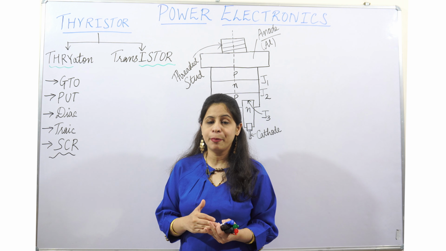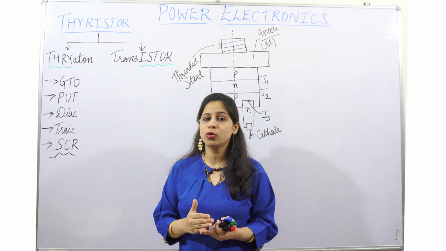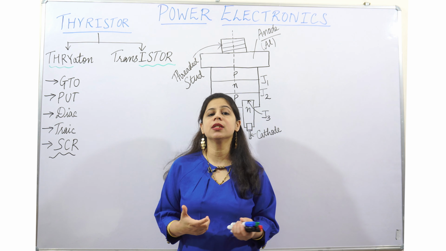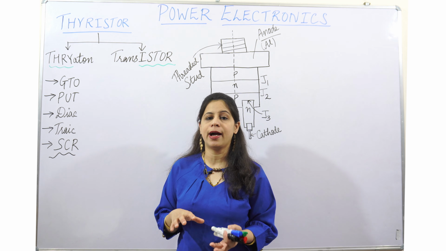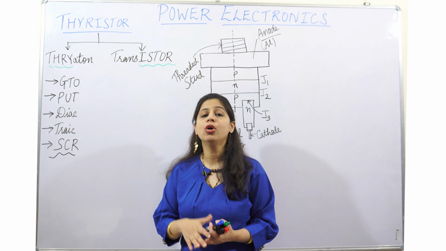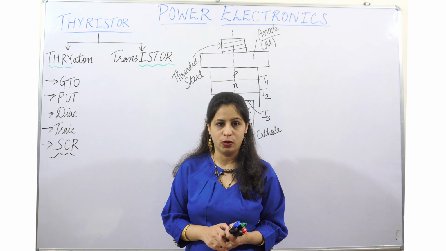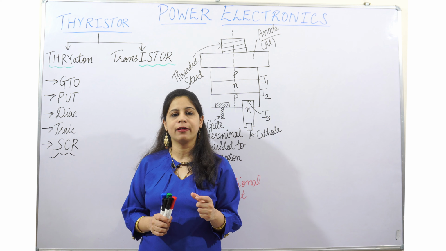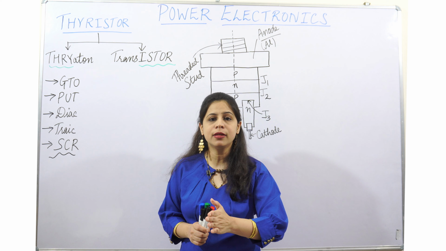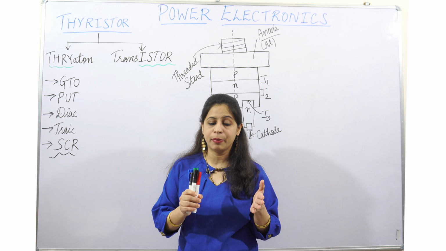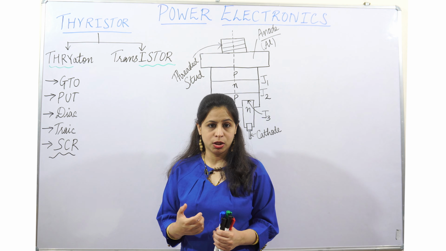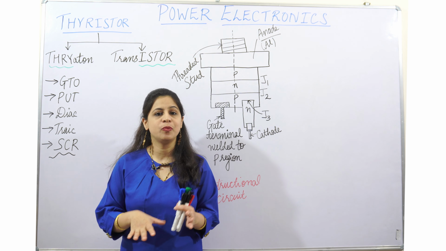If we compare it with the diode, similar to the diode, it cannot conduct from cathode to anode, but unlike the diode, it can restrict anode to cathode conduction also by giving some firing angle. If we give a firing angle at some particular degrees, like 30 degrees, 90 degrees, we can start the conduction from there. In the diode we cannot do this. In the diode we don't have controlled conduction, but here the conduction is controlled.